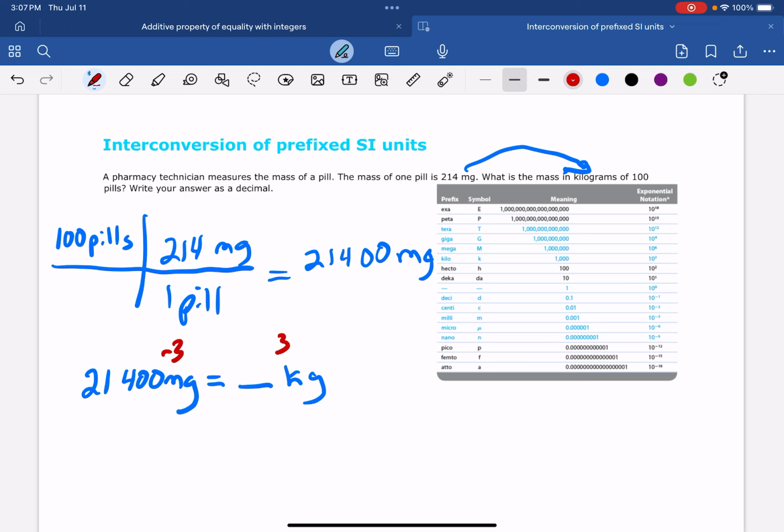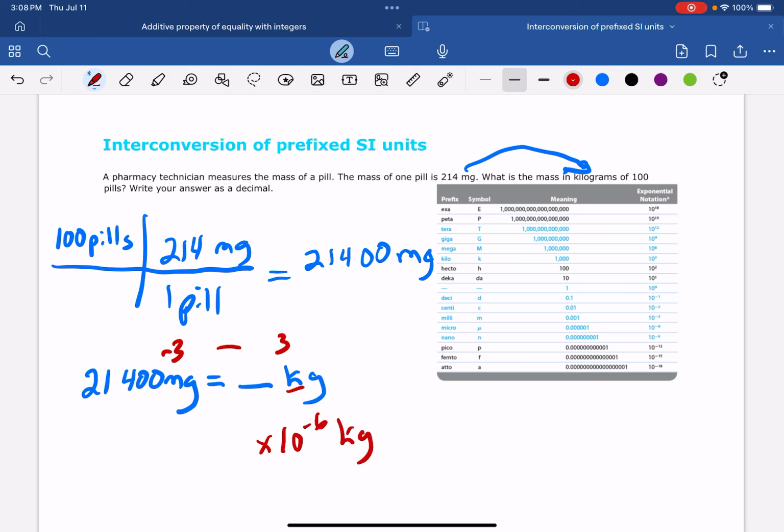And here's the really cool trick. Whenever you're going from one prefix to another, you can just subtract the two of them, and that gives you the exponent in your new prefix. Since negative 3 subtract 3 is negative 6, we know that our new exponent is going to be times 10 to the negative 6 kilograms.